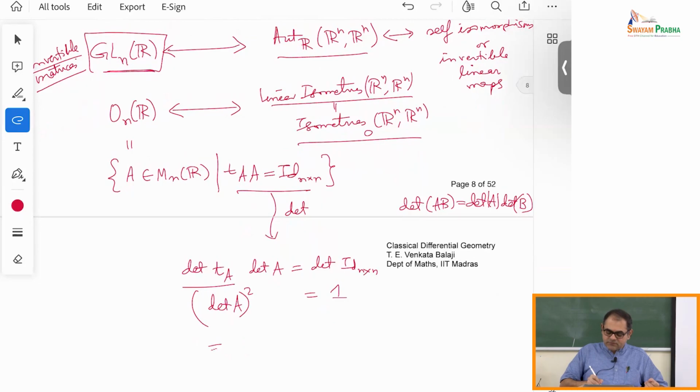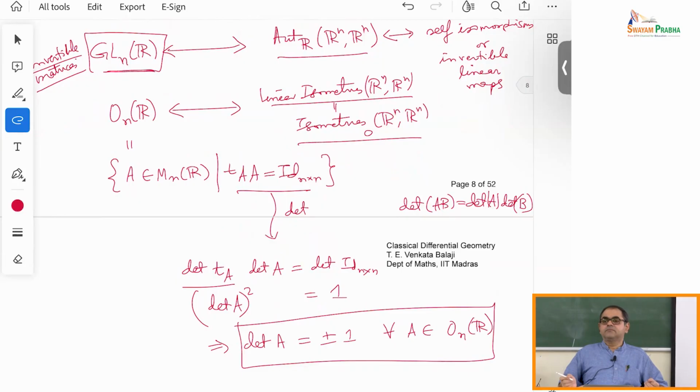So from this you will get that determinant A is plus or minus 1 for every A in the orthogonal group. So this is a very, very important thing. The members of the orthogonal group will have determinant 1 or determinant minus 1. And in particular determinant is not 0. Therefore they are all invertible.